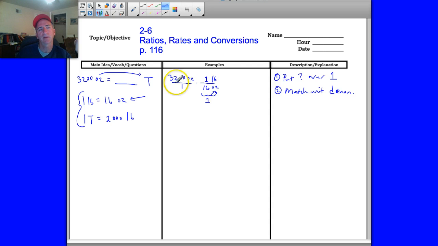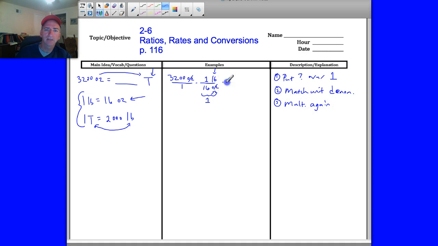But here's the problem I've now run into. Ounces cancels out and I now have pounds. But the question is not asking for pounds, but I know how many pounds and tons are equal. So in this particular problem, I'm going to multiply again.